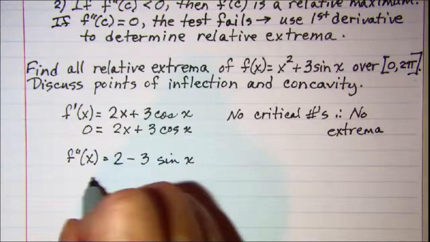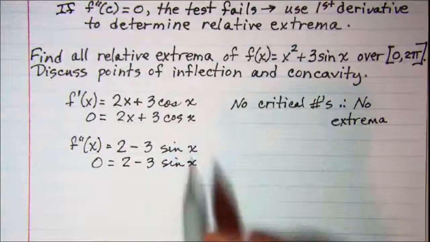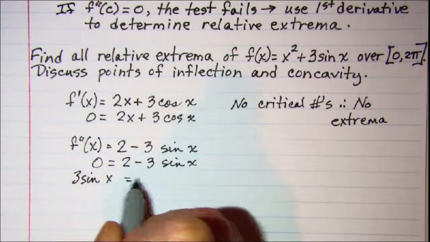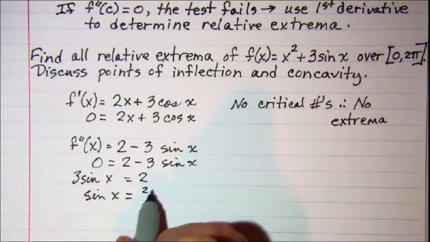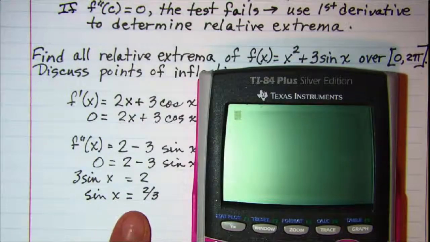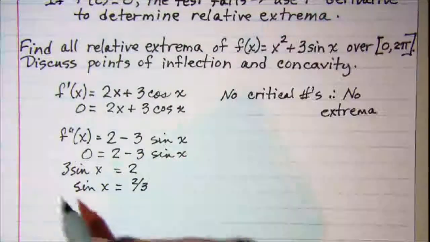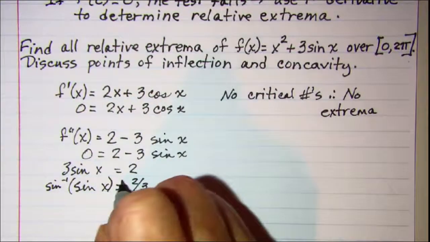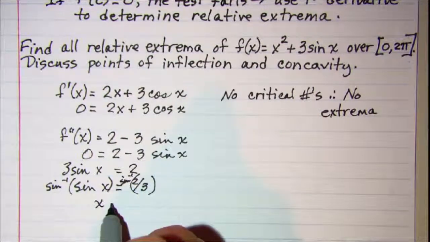Now if we set this equal to 0, we have 3 sine x is equal to 2, so sine x is equal to 2/3. Now we need to find the x values where this is true, and so I need to arc sine both sides to get my values for x.